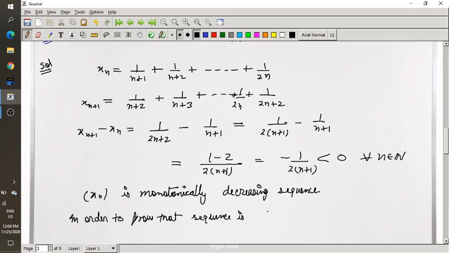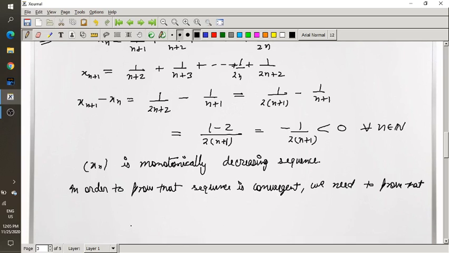Now to prove that the sequence is convergent, we need to prove that, yes, I hope at this time you are clear what we are going to prove. We need to prove that the sequence is, yes, it is bounded below, right?